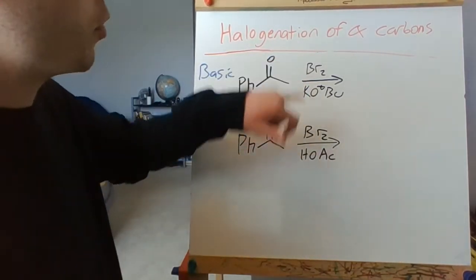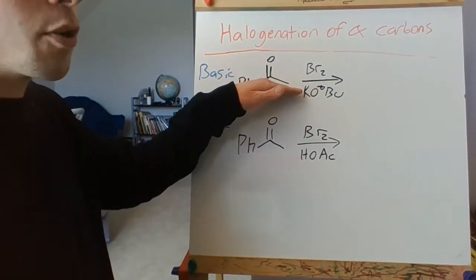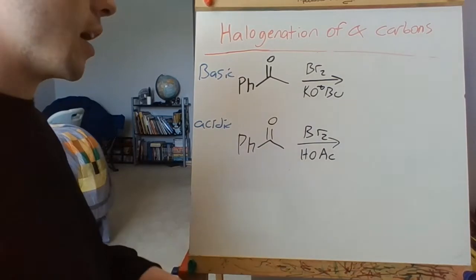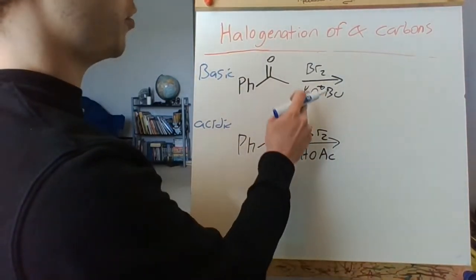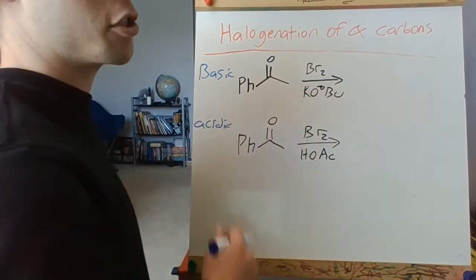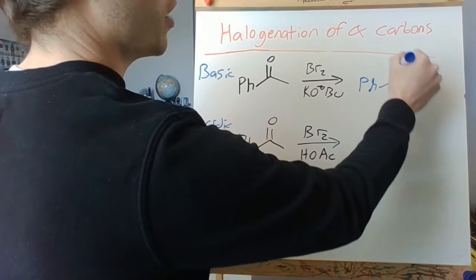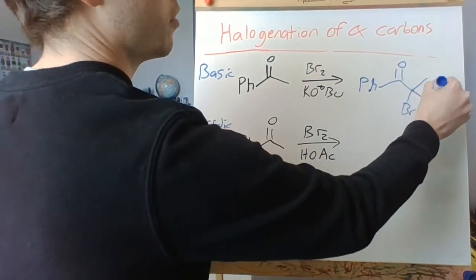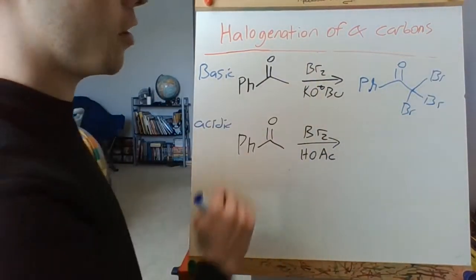We treat them both with Br2, but we switch from potassium tert-butoxide, so a base, to acetic acid, which is an acid. Our outcomes of these reactions are different. Remember, under basic conditions, we get polyhalogenation. And so every single alpha hydrogen is substituted with the halogen that we're using, in this case Br2.